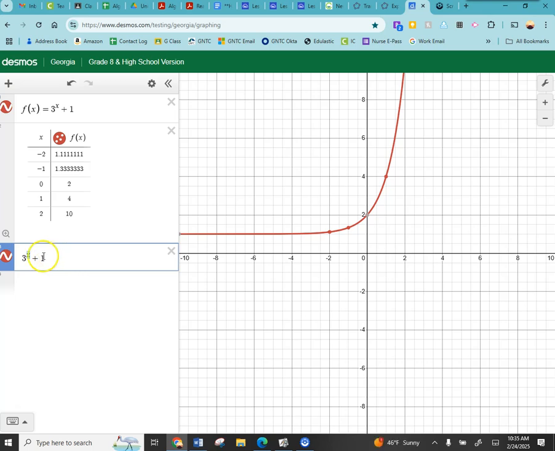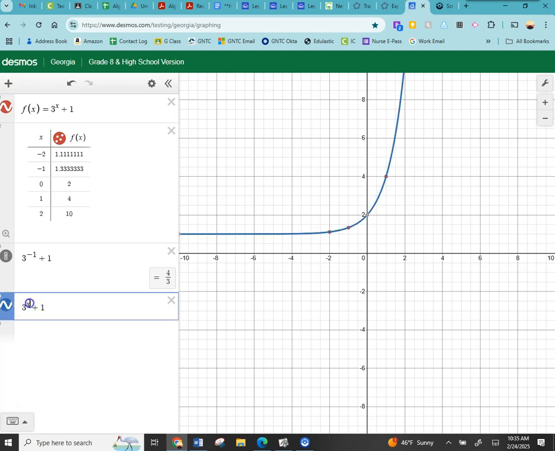So I'm going to evaluate 3 to the negative 1 as a fraction. Repeat 3 to the negative 2 and give me the fraction. And now I'm going to put this on my paper.